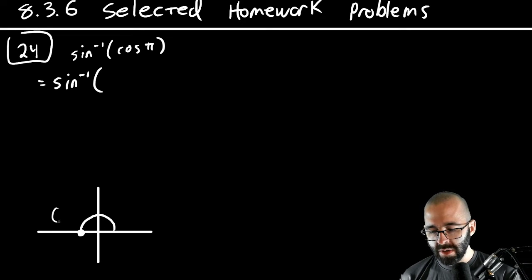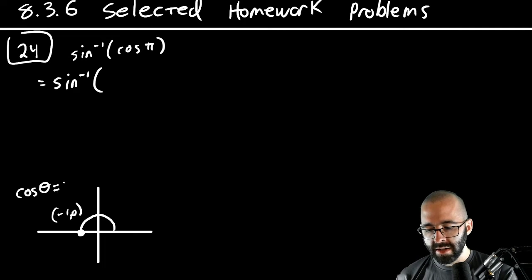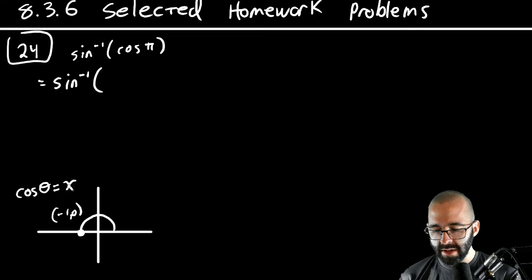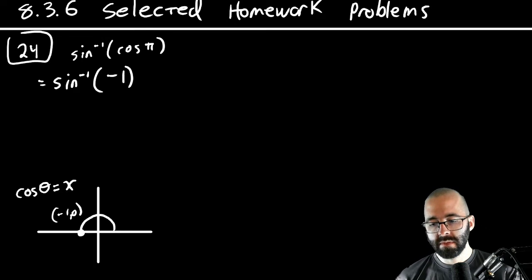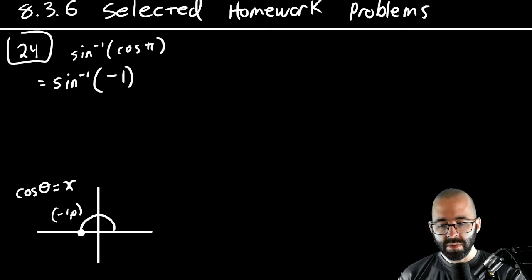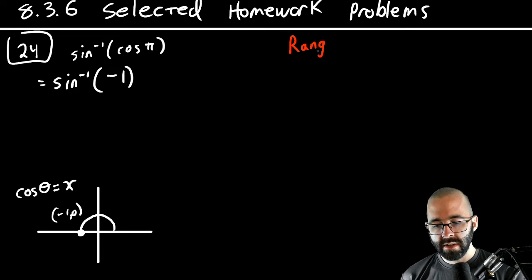This is the point on the unit circle, -1, 0. And cosine on the unit circle is the x-coordinate. What is the x-coordinate on the unit circle here? The answer is -1. So, look at the range of arcsine.